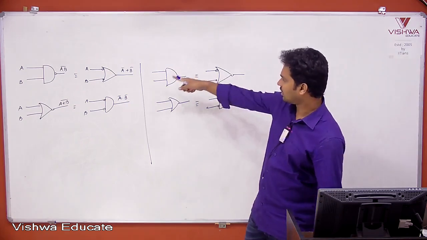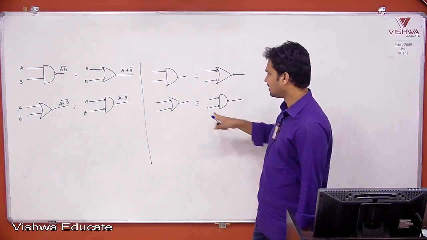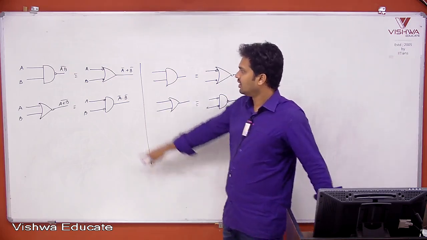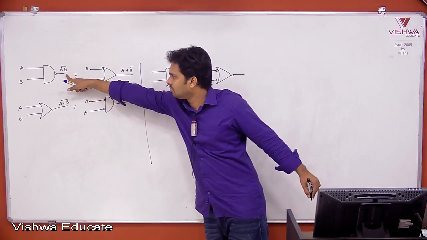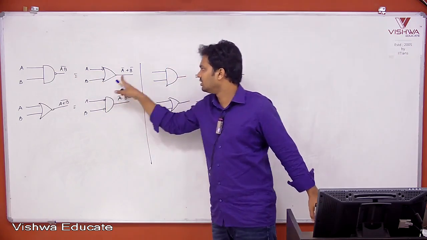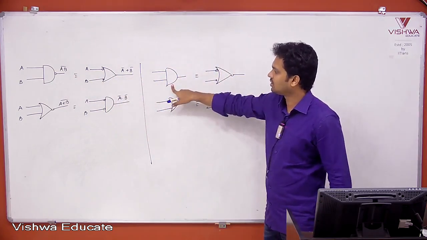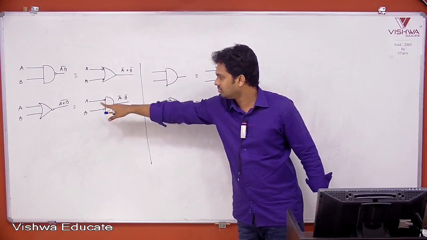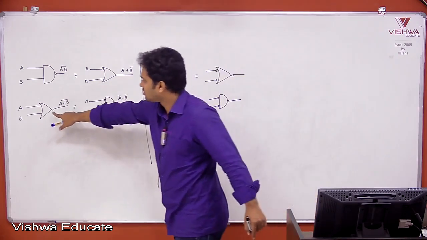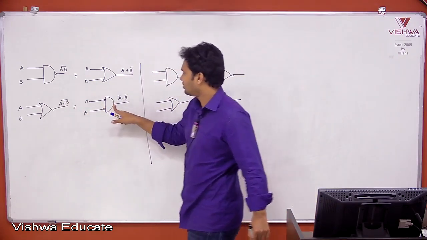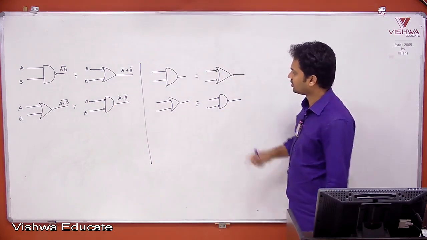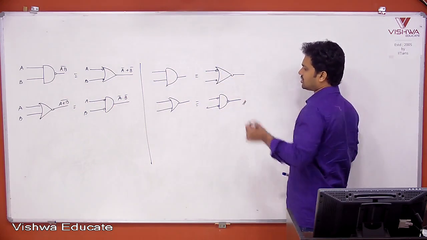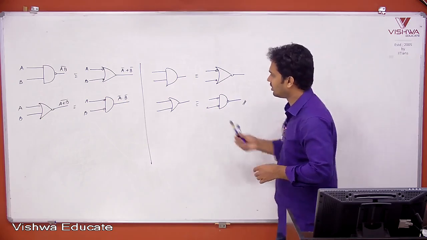You can check by taking the inputs A and B and writing the function in both cases; they will match. Otherwise, inversion of NAND is nothing but AND. Take inversion of this figure, it is nothing but AND. Similarly, take inversion of OR gate here, it is nothing but OR gate. So these are another way to represent your NAND, NOR gates and AND, OR gates.